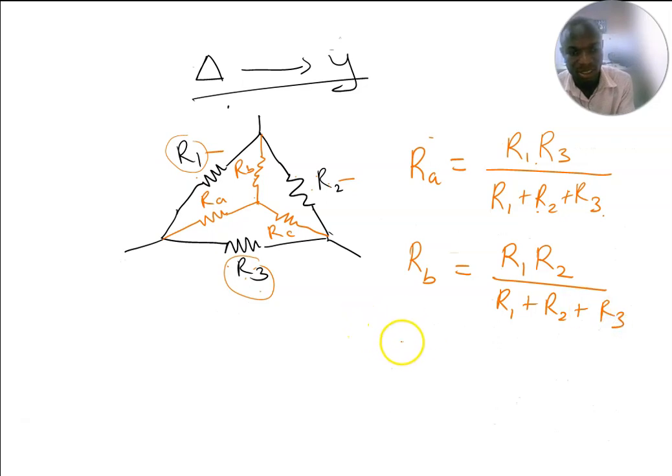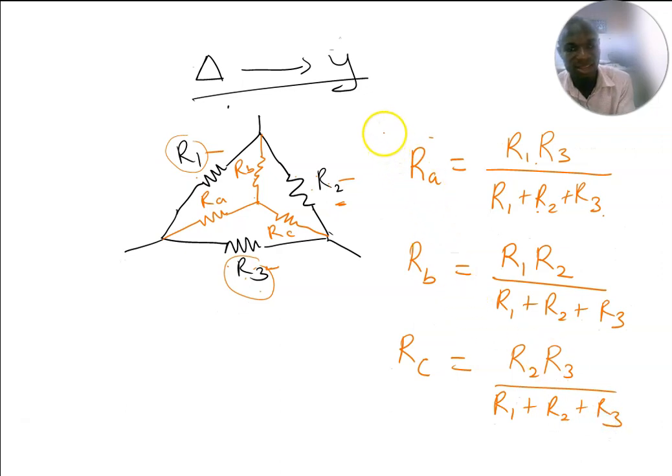Then what about RC? The adjacent resistors are R3 and R2. So the numerator is going to be the product of R2 and R3, all over R1 plus R2 plus R3.